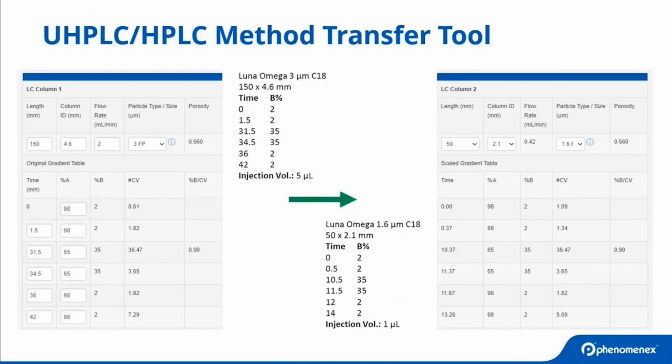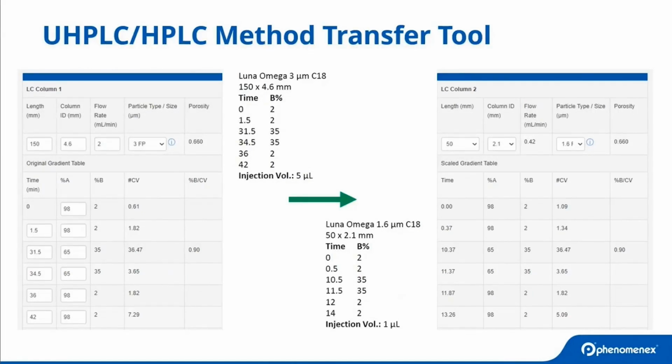So keep in mind that as with any online tool or online calculator, they are fantastic references, but you can see here that with some of the numbers generated, for example, with some of the recommendations for the times, when we scaled down to the 1.6-micron particles, the recommendations for times were 0.37 minutes, 10.37 minutes. One, keep it practical, and simpler is better.